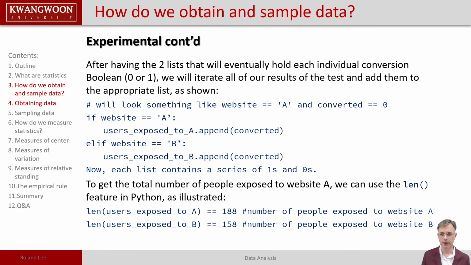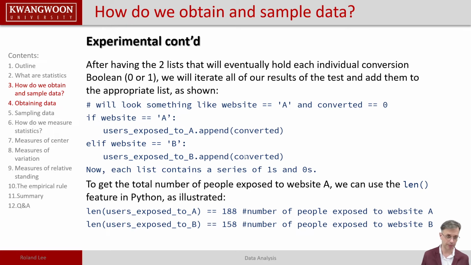Remember that 1 represents the user actually converting to a site after seeing the web page, and 0 represents the user seeing the page and leaving before signing up or converting.